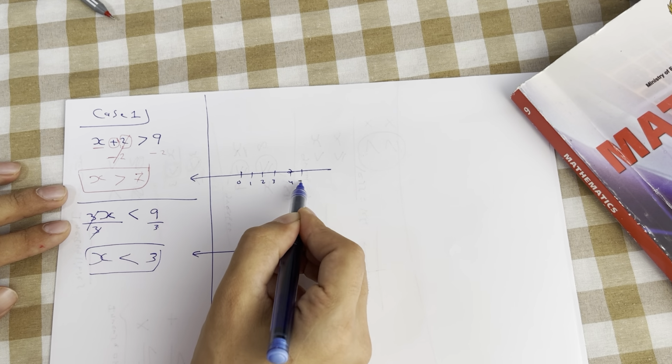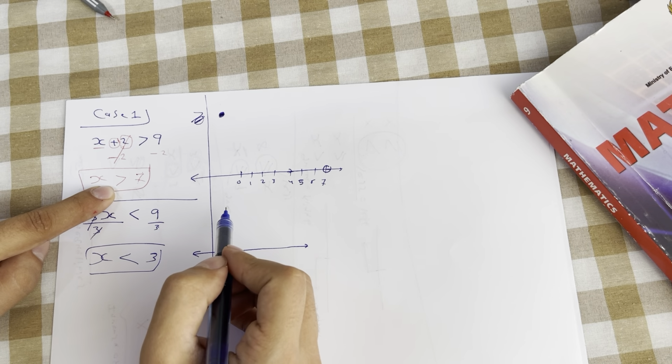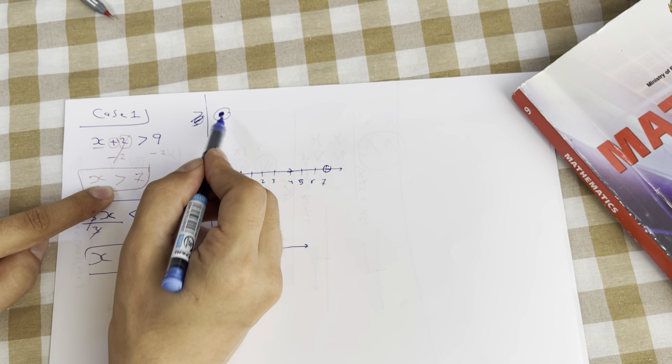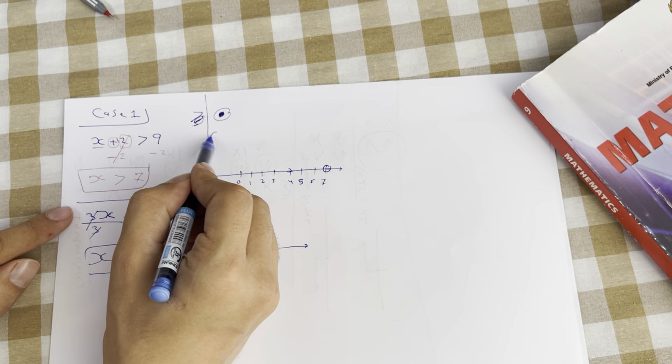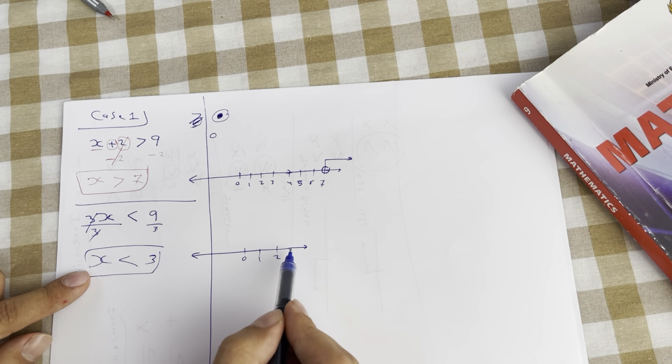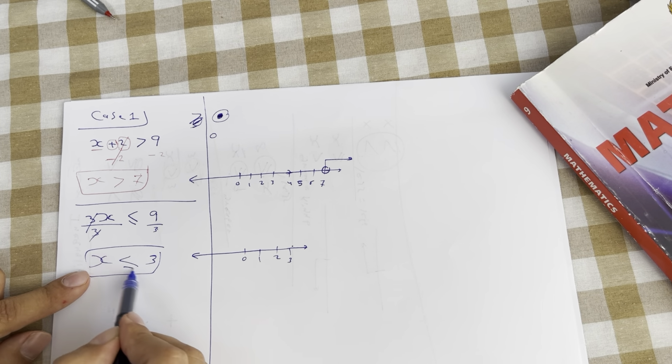If I have this symbol, I have to bold my point. Now the symbol is greater, so I have to go to right like that. What about this? 0, 1, 2, 3. If I have the equal symbol, I have to bold this point and go to left. Why? Because the symbol is less.